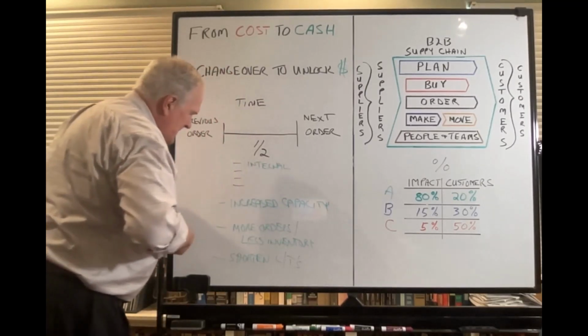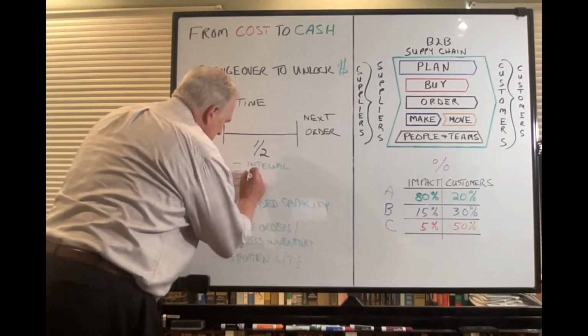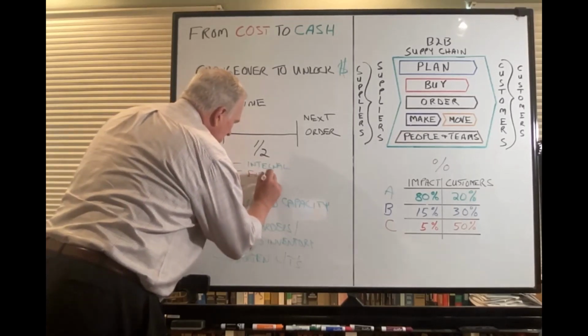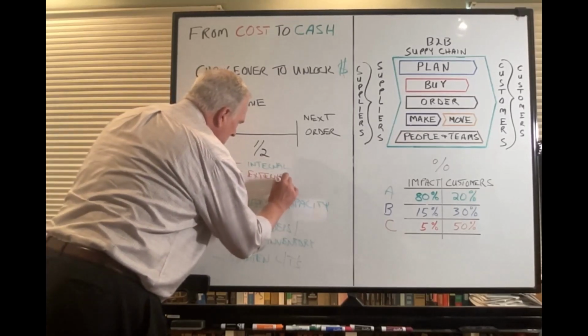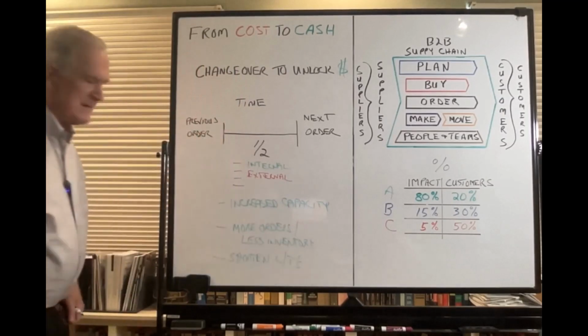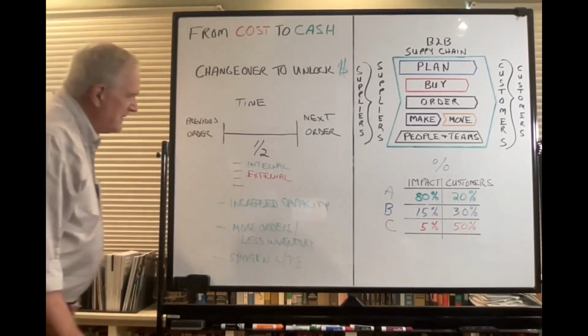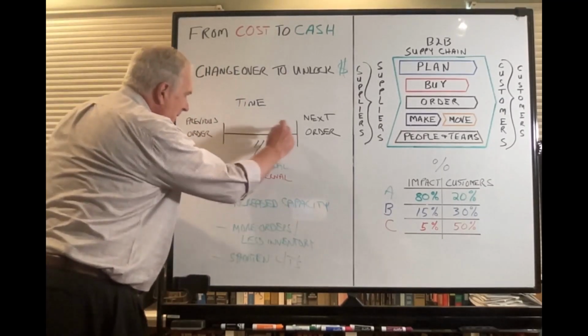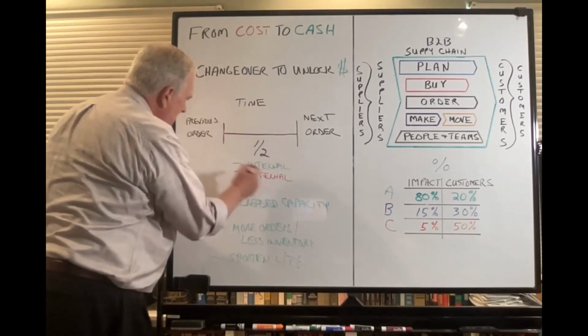External activities are things that are taking up time that could have been done before the beginning of this changeover period. They're happening now in this time frame, but we want them to happen before.